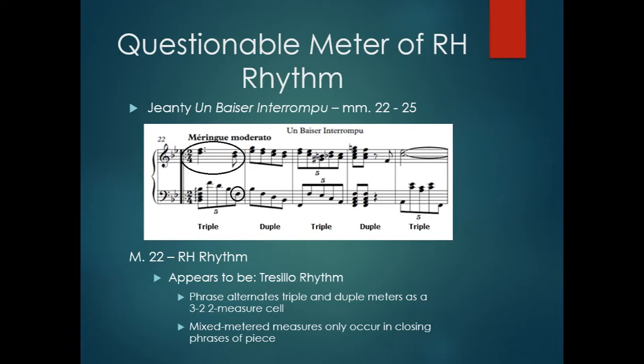I've labeled the measures triple, duple, triple, duple, triple. So we have alternating triple and duple. So I would believe that the right hand rhythm would be a tresillo rhythm.